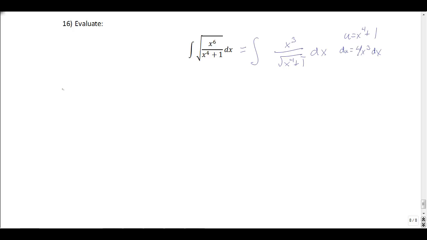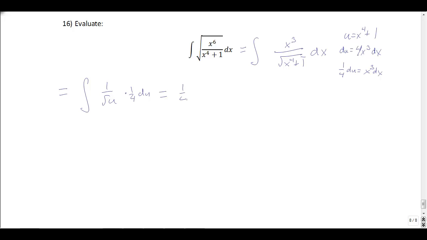Okay, so before I do that, I have x cubed dx, so 1/4 du would be x cubed dx. When I switch to u, I get 1 over the square root of u, since the square root of x to the 4th plus 1 is the square root of u, and x cubed dx is 1/4 du.